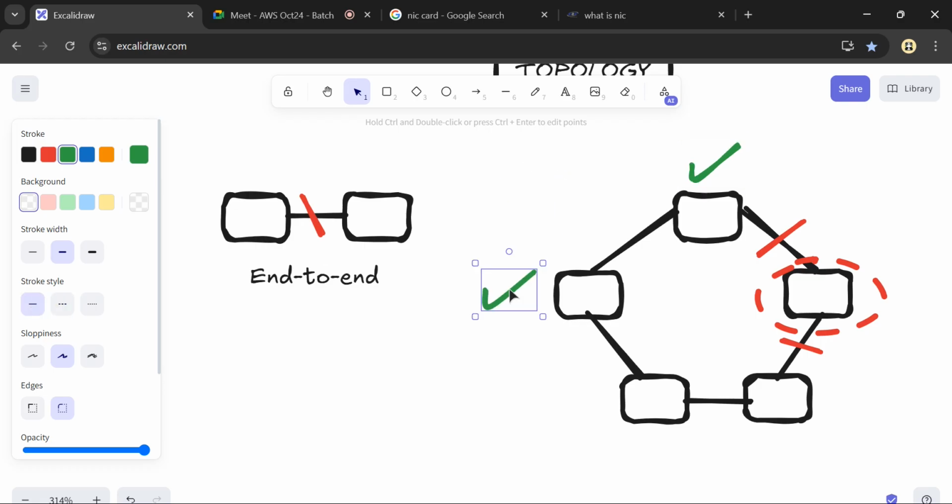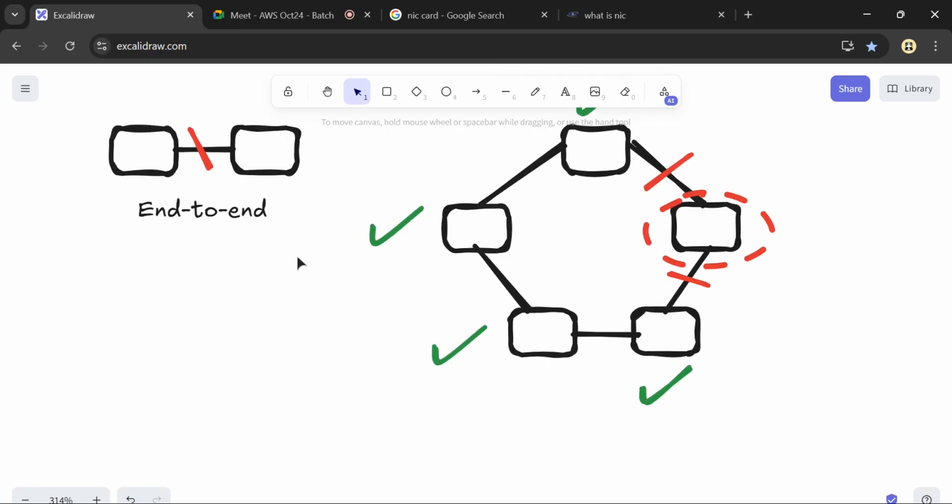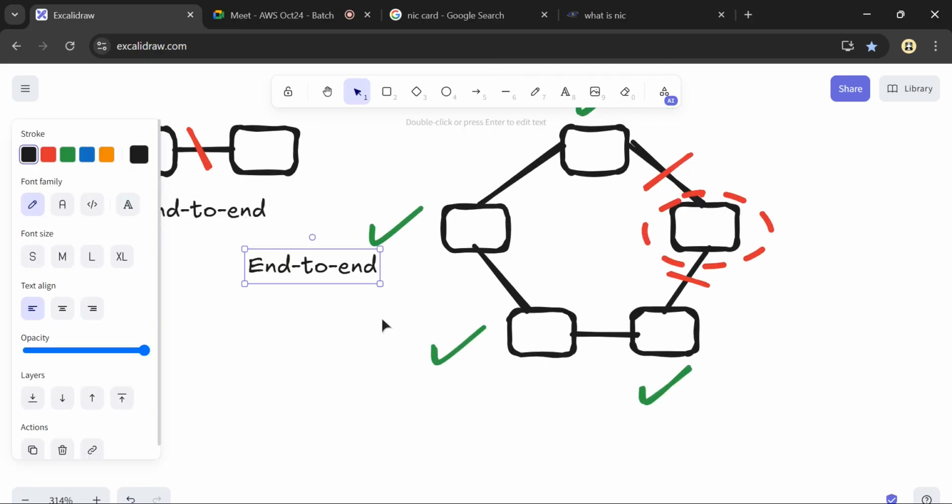So these machines will be able to establish communication, but one of the machines will become isolated. It will not be able to communicate with these machines. But these four machines are still able to communicate. Even if the cable has broken over here, this machine can communicate to this machine from this route, from this medium. So that is what is called a ring connection.